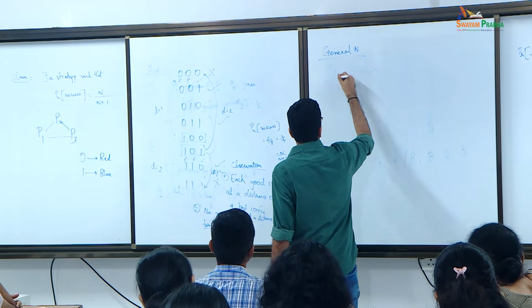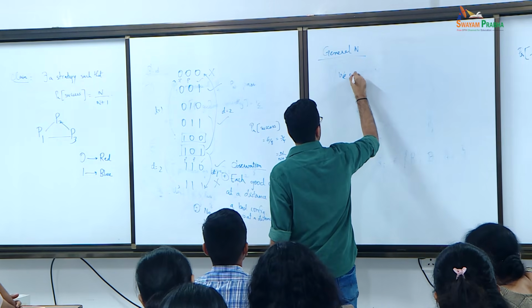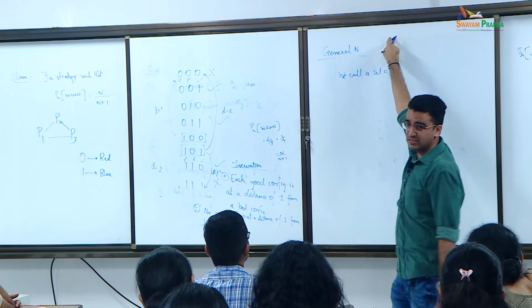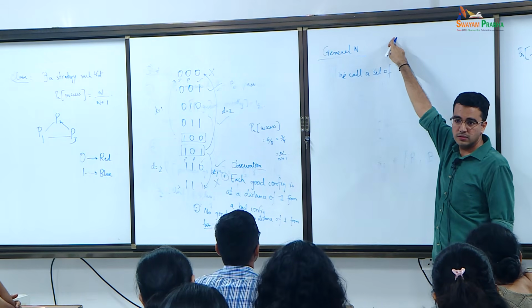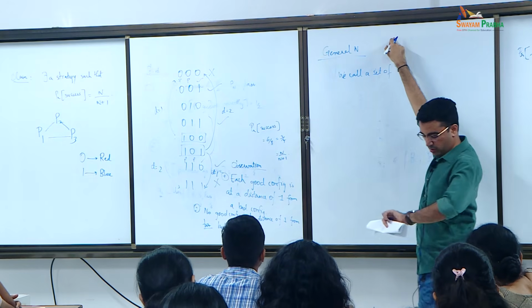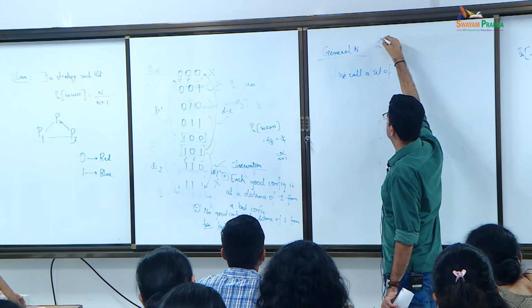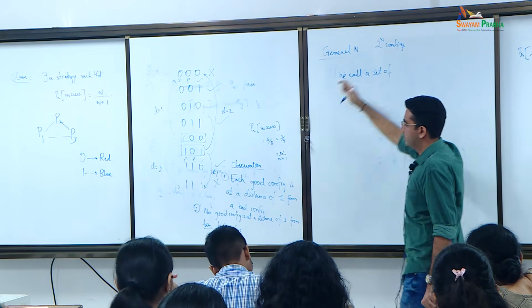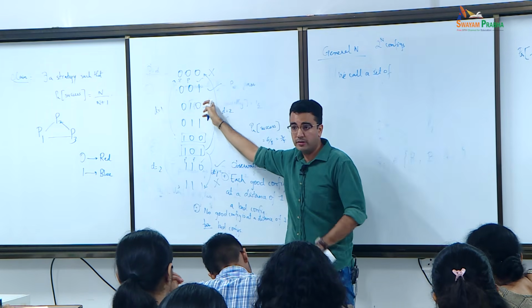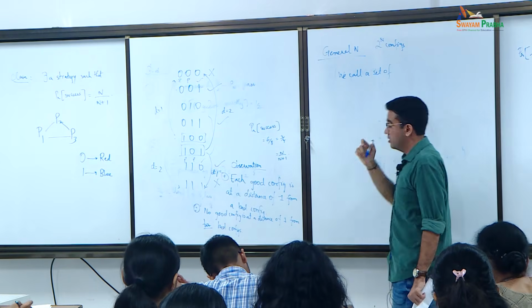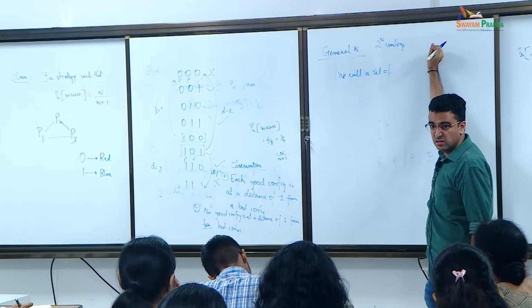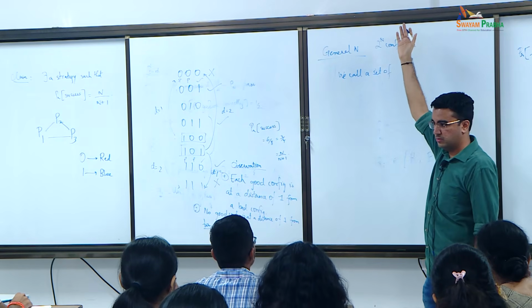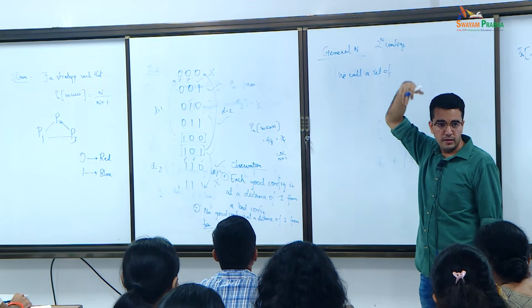So we call a set of configurations. So how many configurations are there here? General n? 2 power n configurations. So here I was talking about 0, 0, 0, 0, 0, 1 and so on. So here I can talk about n tuples, right?